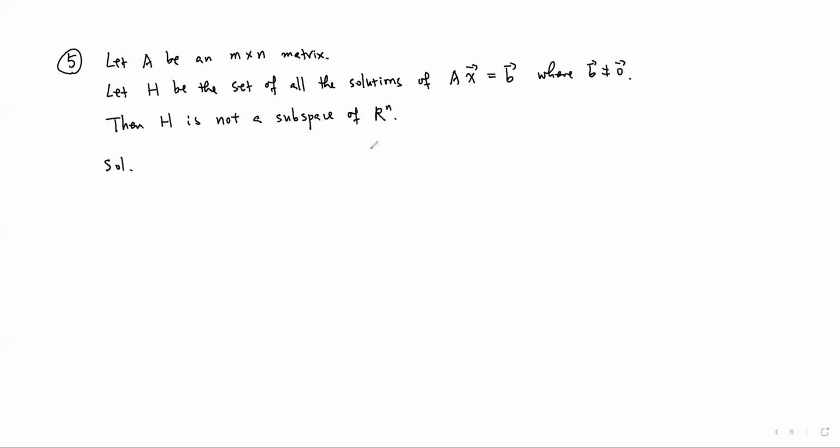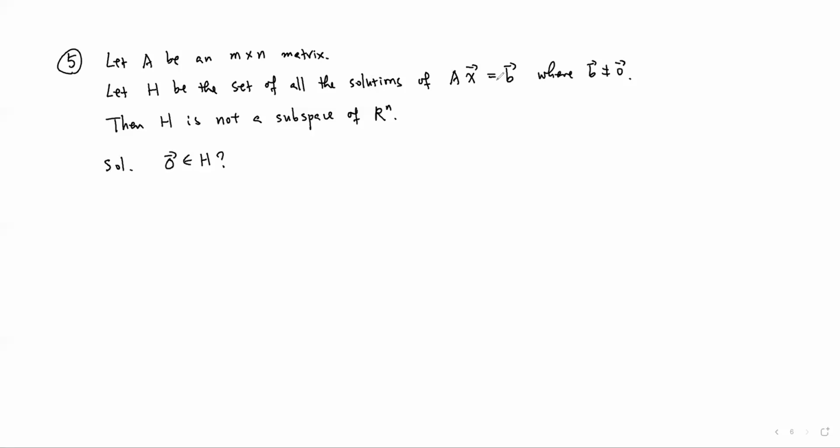To see this, check the three properties in the definition. When one of the three properties is not satisfied, the set is not a subspace. Okay, property A. Let me see whether the zero vector is in H or not. Now plug in zero in this equation.